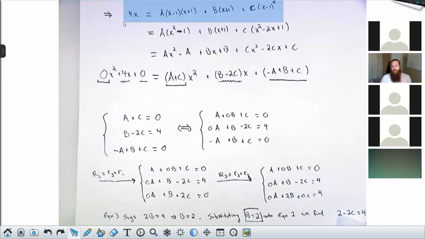That's called the Heaviside, or sometimes called the cover-up method. And I'm going to post something to your modules here, a link to an MIT OpenCourseware lecture where he discusses the Heaviside cover-up trick. So on Monday, I will show you that trick myself if you don't have time or choose not to read it over the weekend. And then I'll also show you a handful of examples involving irreducible quadratic factors in the denominator.